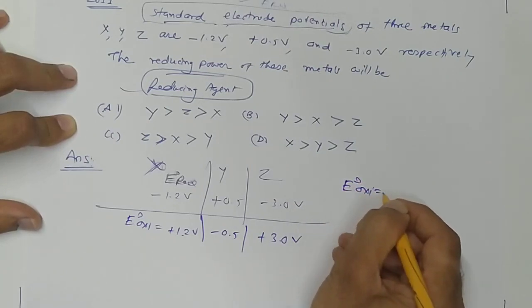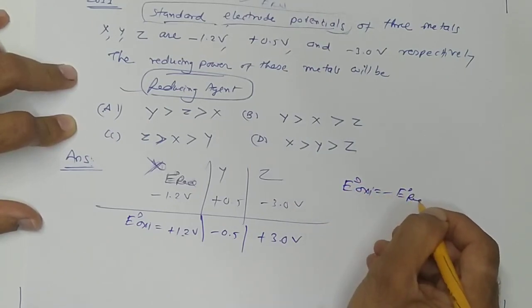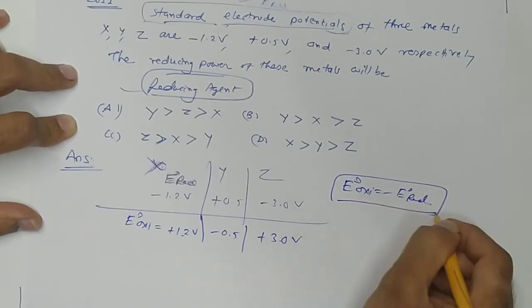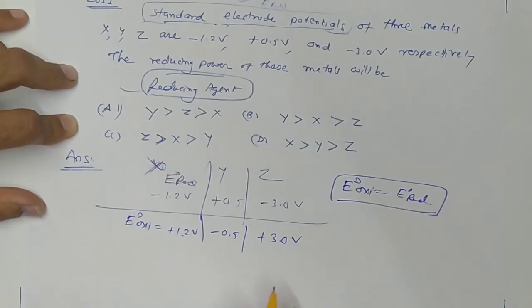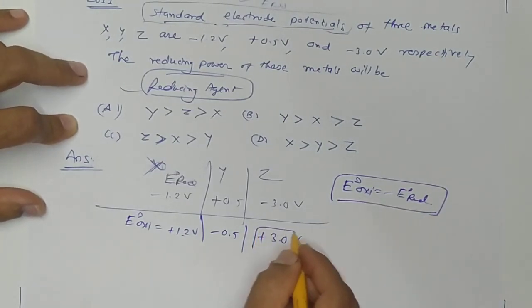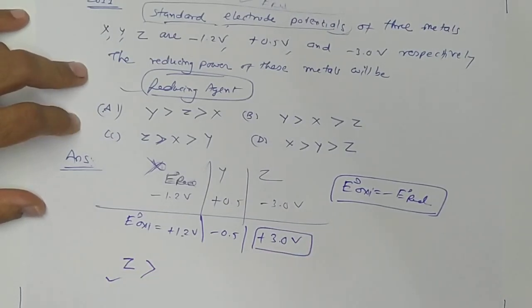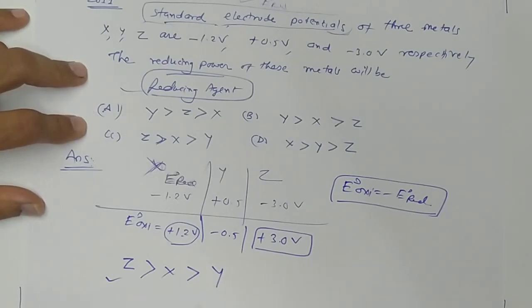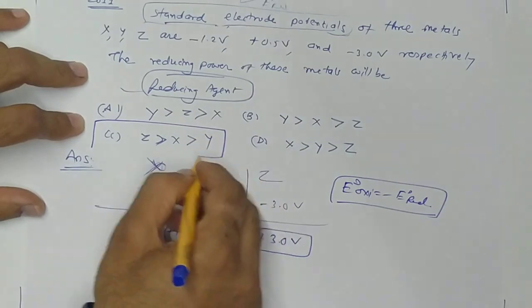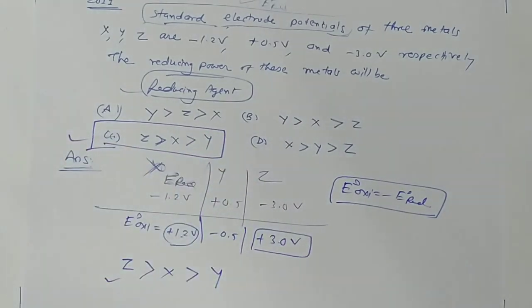Oxidation potential and reduction potential are same, but sign will be opposite. So here highest oxidation potential of Z, so it should be strong reducing agent. Then after that X and lowest of Y. So answer is Z, X and Y is our answer. Understood?